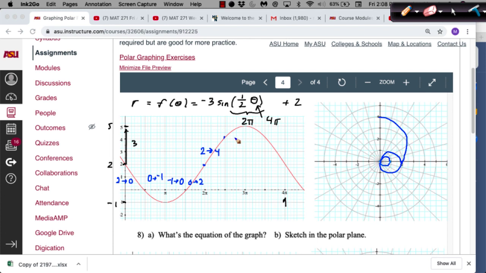And then from 5 pi over 2 to 3 pi, which will be back to pointing left, R goes from 4 to 5. So from 4 to 5 as I go through this quadrant. Something like that. And then back from 5 to 4 in the third quadrant.